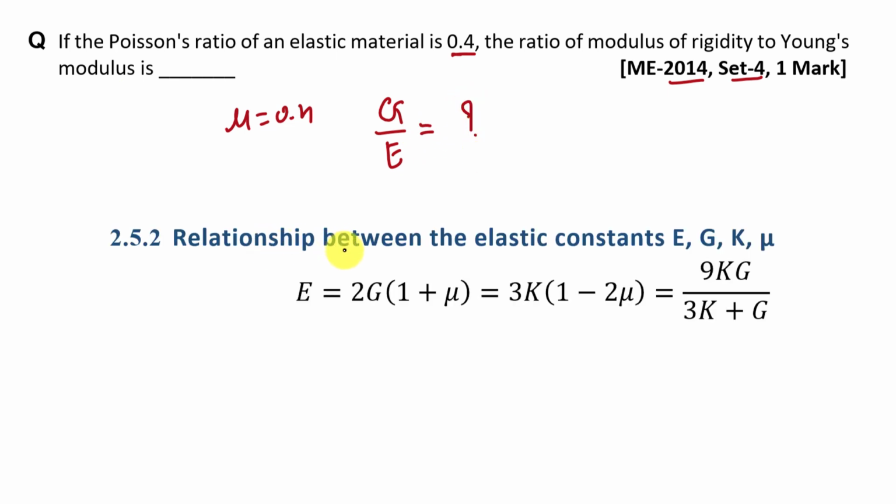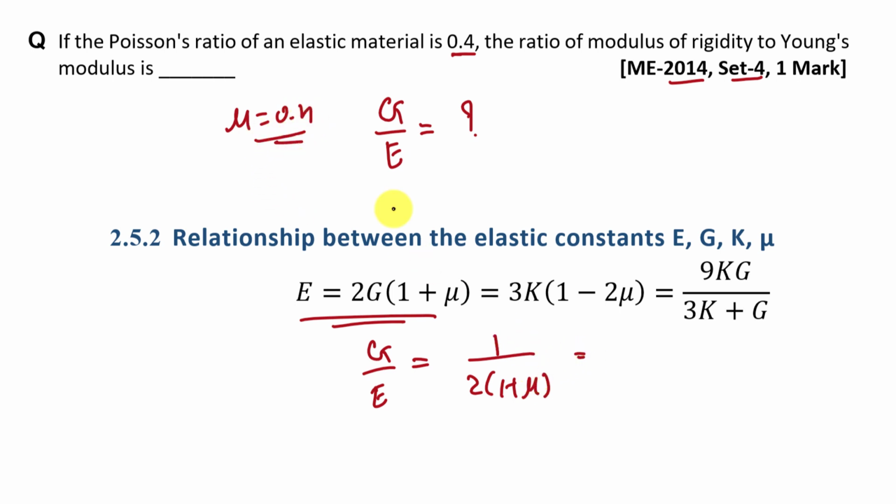Now we know the relationship between the elastic constants E, G, K and mu. And here by comparing these two terms we can find out the ratio of G to E. So from here we can say that G divided by E will be equal to 1 upon 2 into bracket 1 plus mu. Right? And here we have the value of mu, that is 0.4.